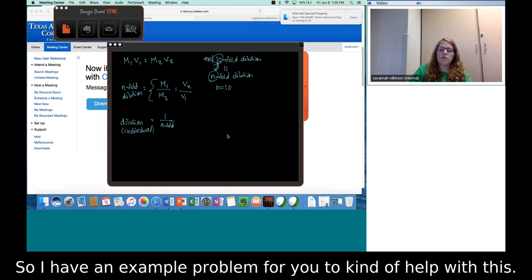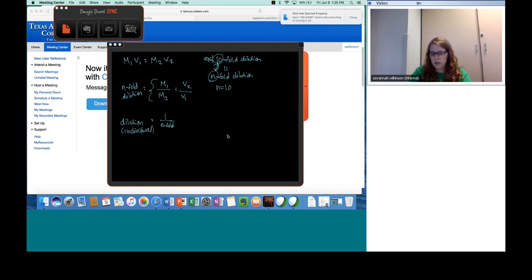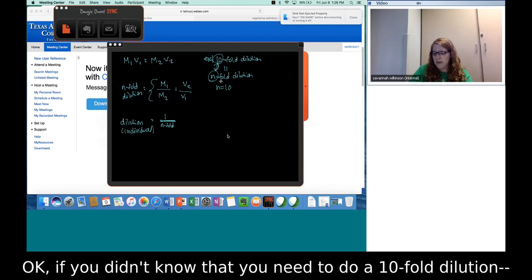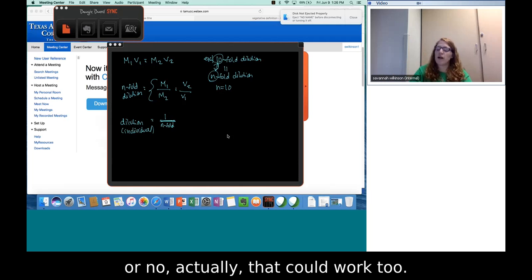So I have an example problem to help with this. Basically, if you didn't know that you need to do a tenfold dilution, well, actually, no, that could work too.